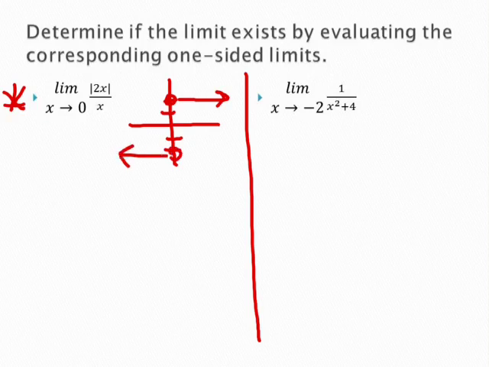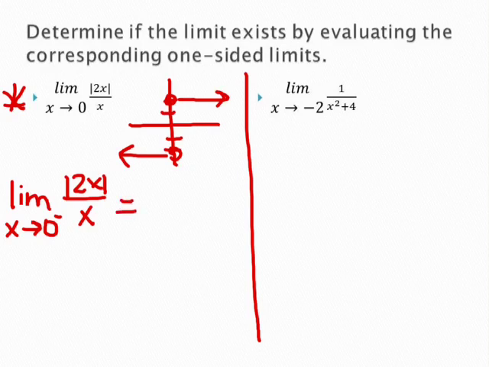Okay, now we first want to look at the left-hand limit. So the limit as x approaches 0, but we're going to put a little negative sign there because we're looking at it from the left, of the absolute value of 2x over x.